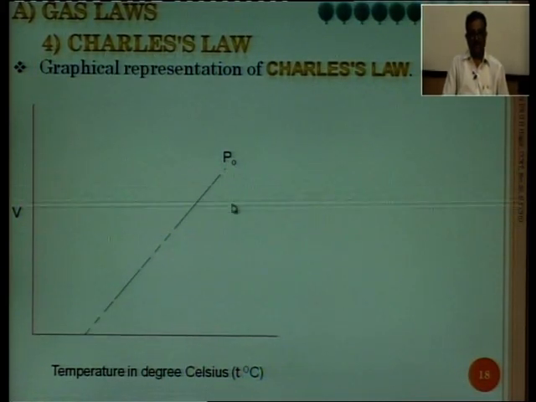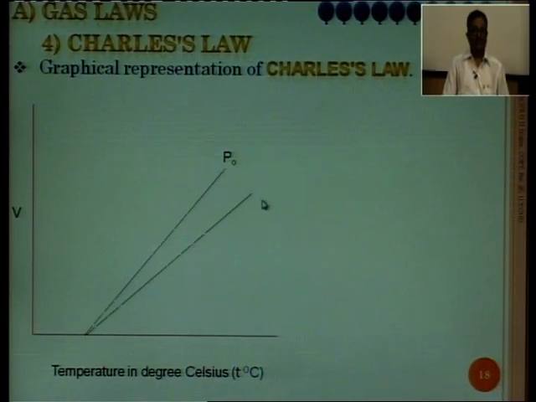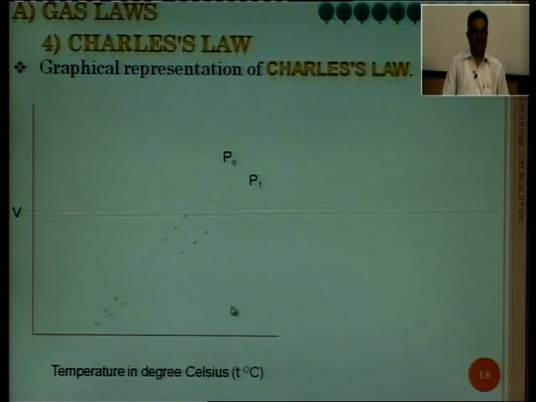So, this is fixed. Let us say this is at P naught pressure. Suppose P1 is the pressure, so again for the same gas or a different gas, but the mass must be constant as long as this experiment is concerned.